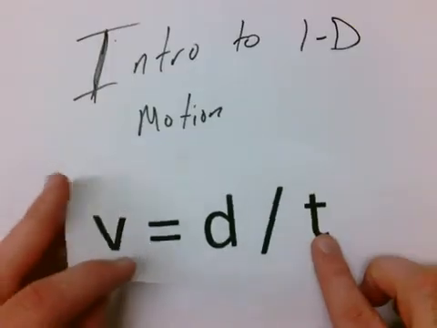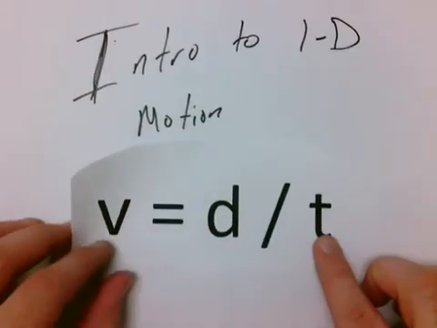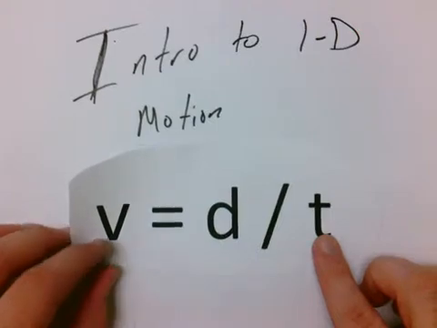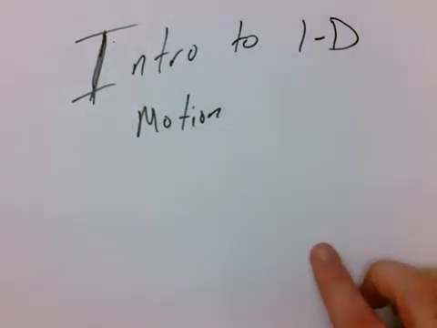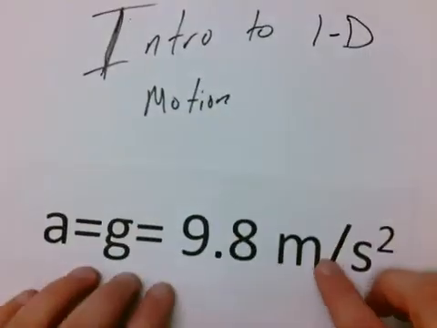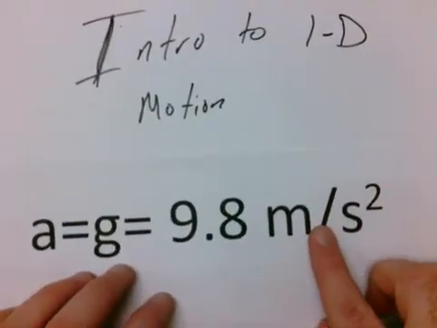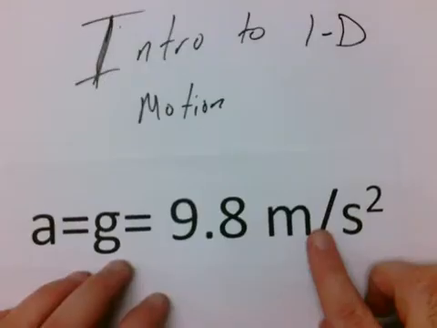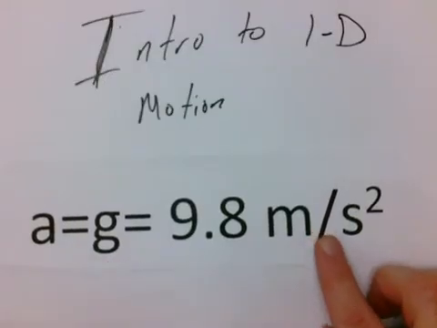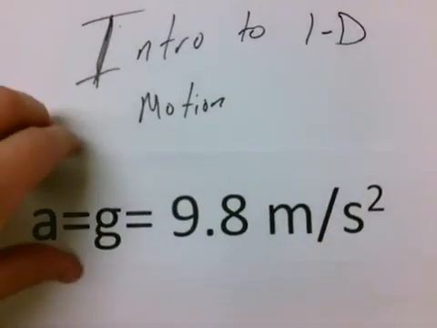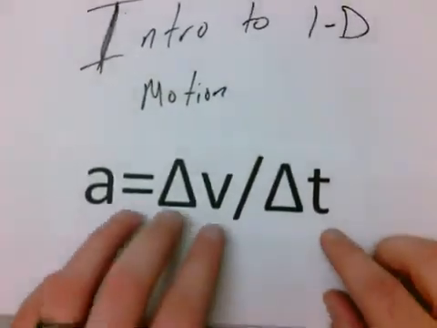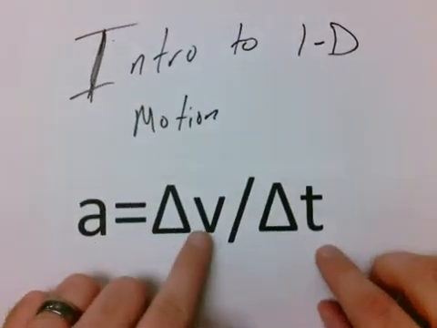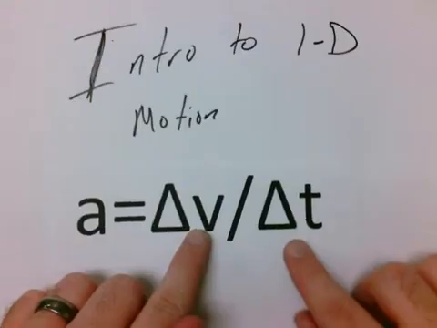Now, we just did an activity on Friday where we looked at calculating the acceleration of gravity, and we got a value of about 9.8 or 9.81 meters per second squared. To get the equation for acceleration, we take the change in velocity divided by the change in time.